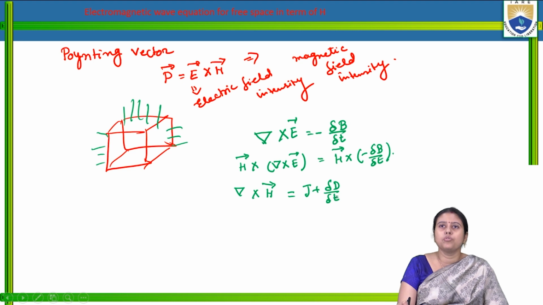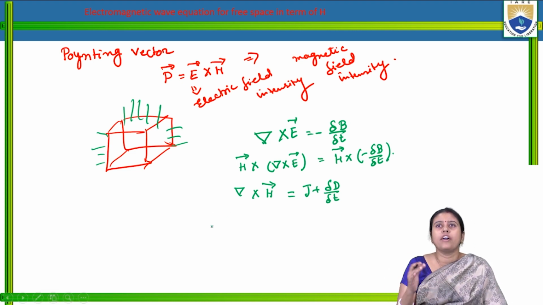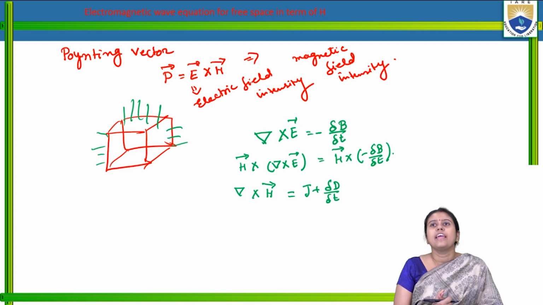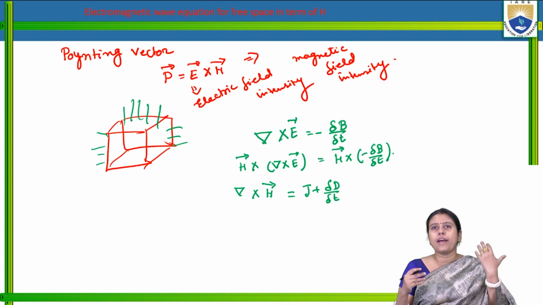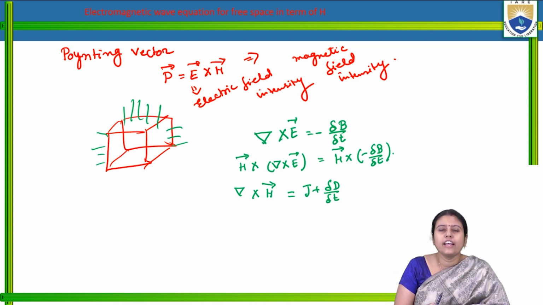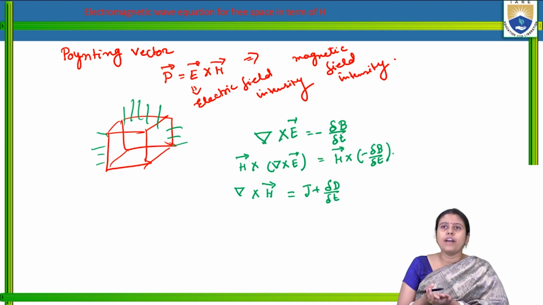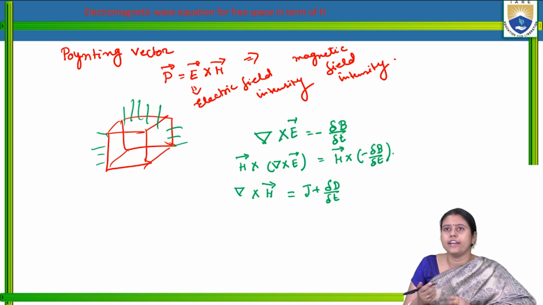So what we have to do here? We are taking E cross again, because Poynting theorem is about the electromagnetic field. So what is the meaning of electromagnetic field? Electric field will be superimposed on the magnetic field. When the electric field is superimposed on the magnetic field, we get the electromagnetic field.